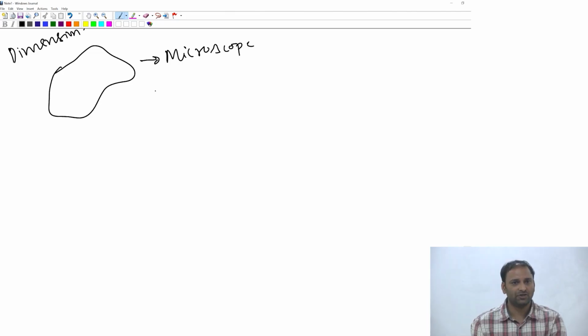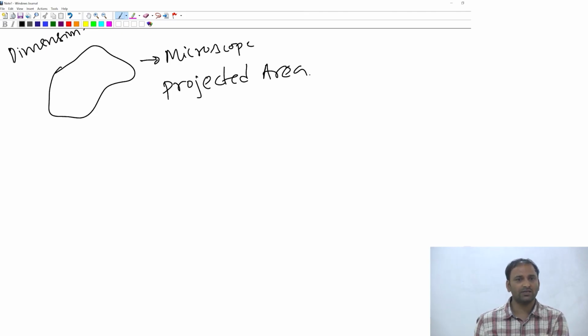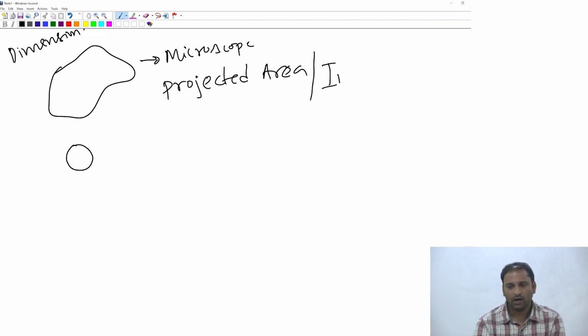Whenever I capture an image, what I actually get is something called a projected area, right? So what the microscope does is it measures the projected area of the particle. Of course, with a microscope you can only do 2D imaging, right? If I have a spherical particle and I look at it from the top, it will appear as a circle, right?